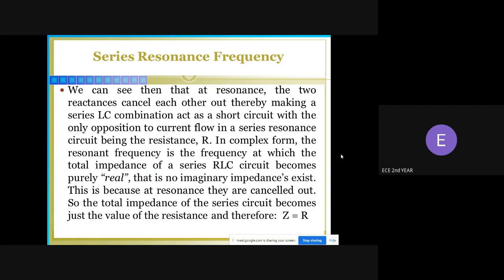So if the circuit is purely real, or Z equal to R, XL equal to XC, at that time the circuit will behave as a pure resistive circuit. It has only a real part, there is no imaginary part in the circuit. So the total impedance of the series circuit becomes just the value of the resistance, and therefore Z equal to R. That is the resonance condition.